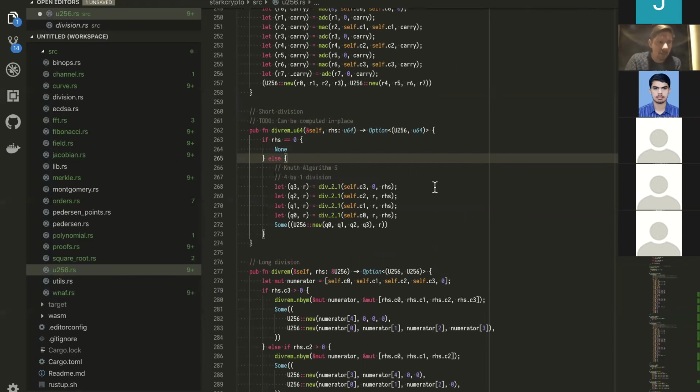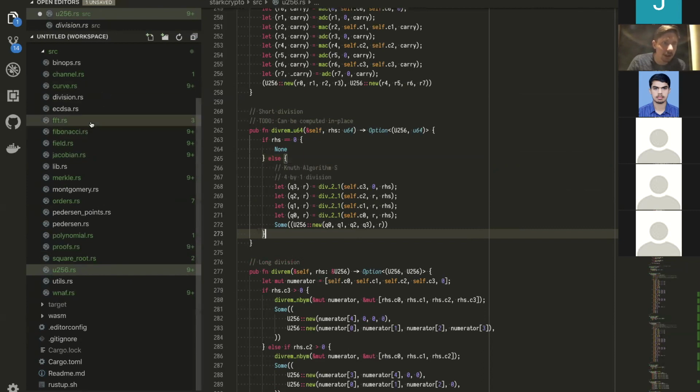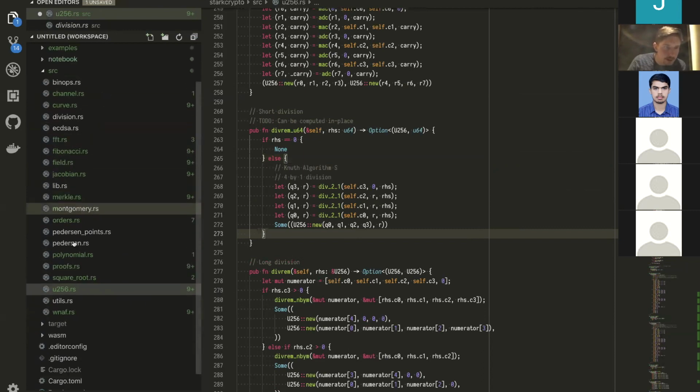It ends up though that in the end, the Euclidean GCD is actually faster if you implement all the little optimization tricks. And I have an implementation of that here. At least I thought I did. Where do I have it?